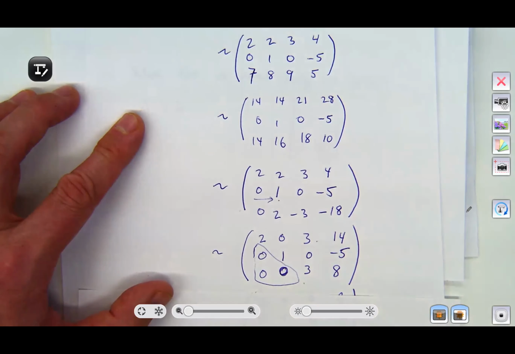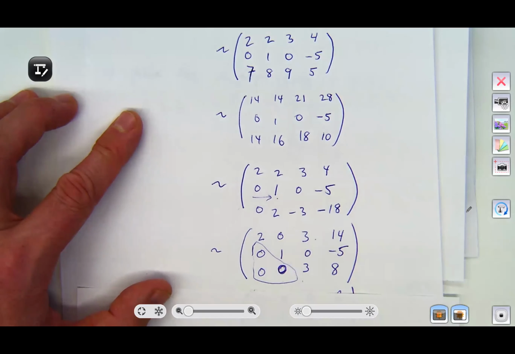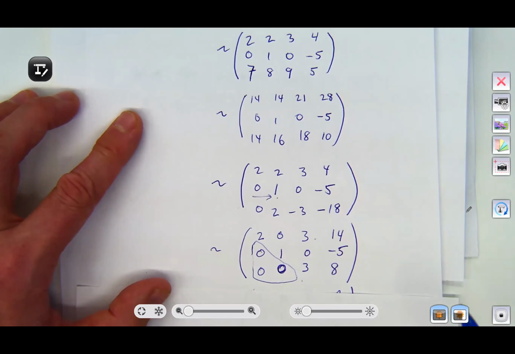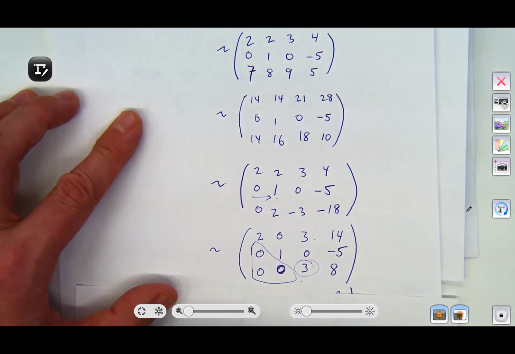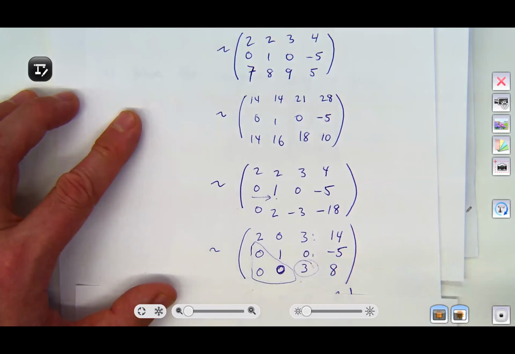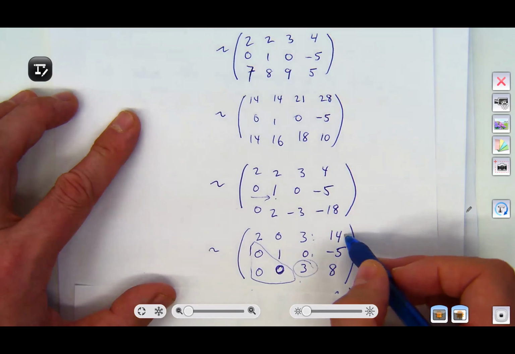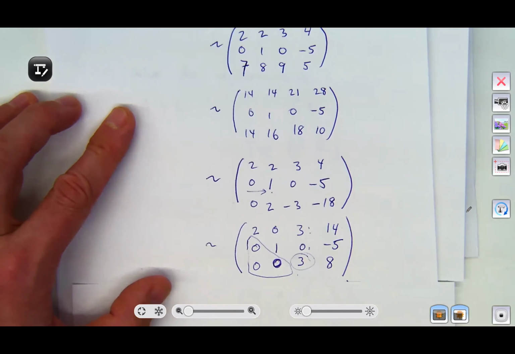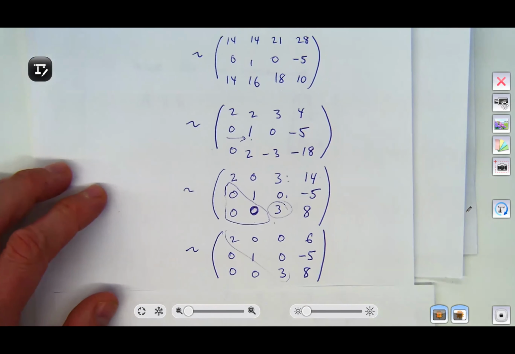Okay, so I've done a couple of things there, operations to get to this line. And now lastly, we want zeros above the last pivot. So we want a 0 there, which we already have, and a 0 here. So all we have to do is subtract the third row from the first row.